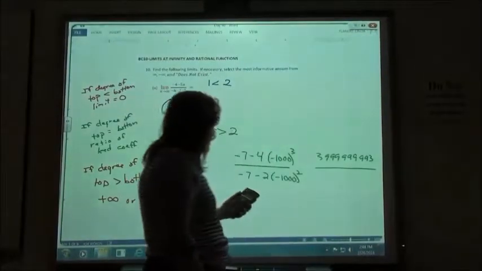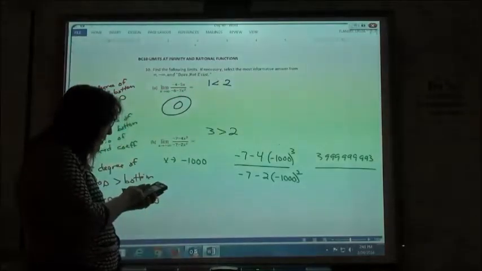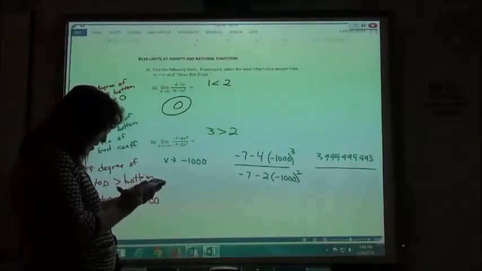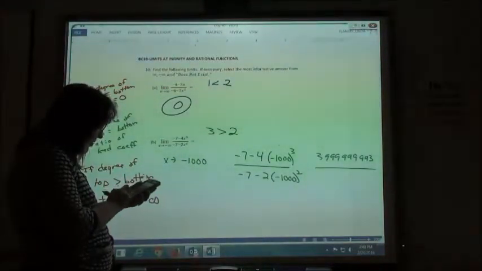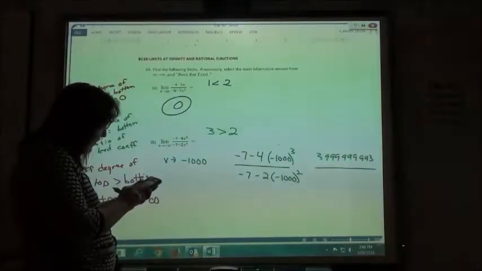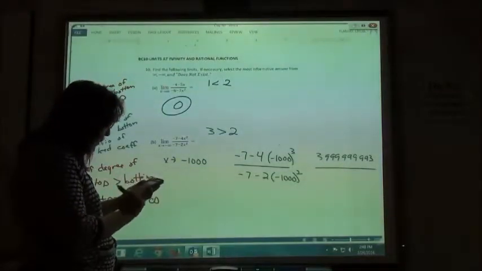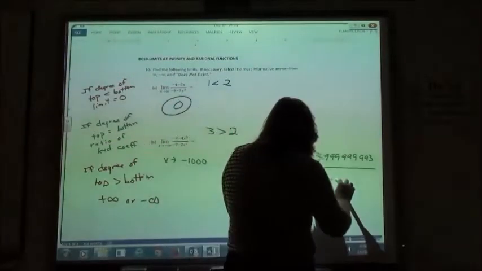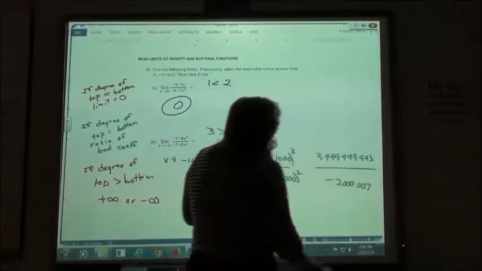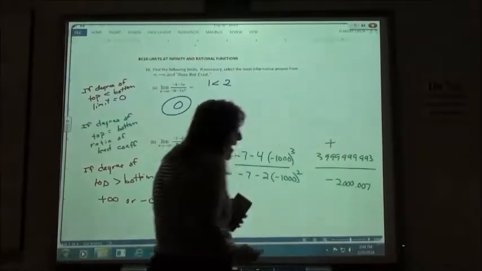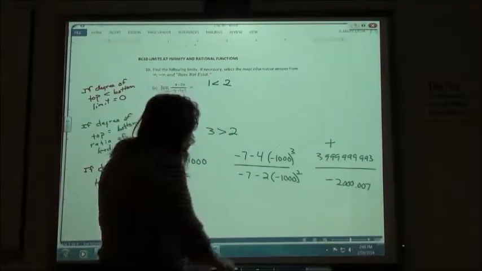It's a positive number. On the bottom, negative 7 minus 2 parentheses, negative 1,000 squared gives me negative 2,000,007. Now, I have a positive over a negative, and since I have a positive over a negative, I'm going to get a negative.